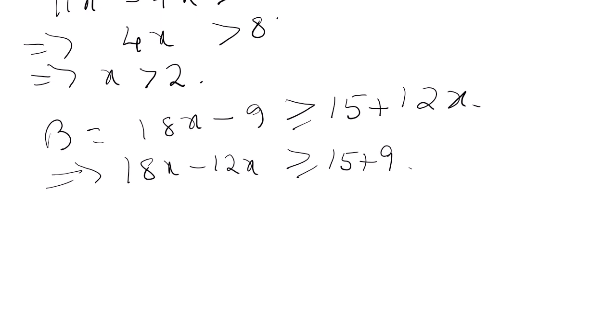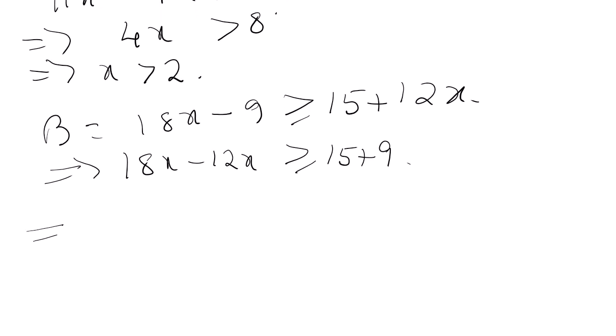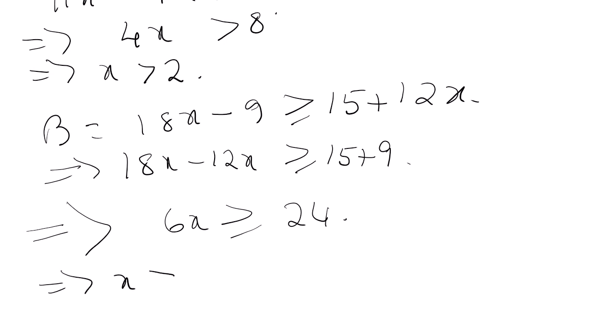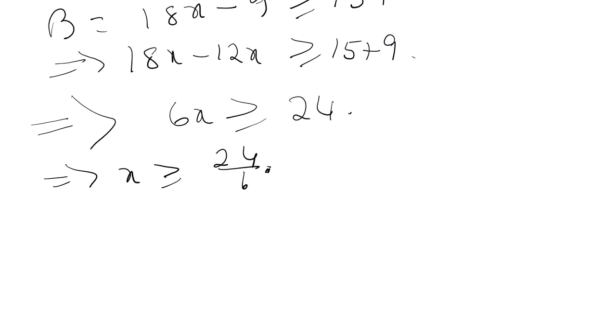It is similar, only the question asking format is different. So 6x is greater than or equal to 24, which implies x is greater than or equal to 24 upon 6, that is x is greater than or equal to 4.